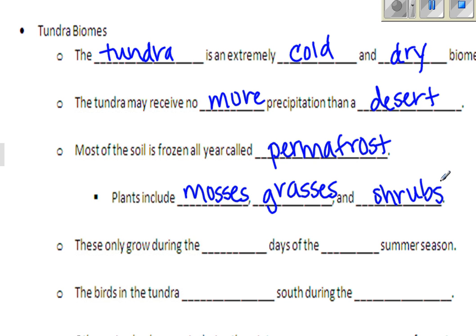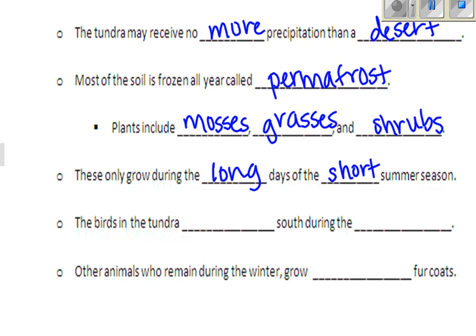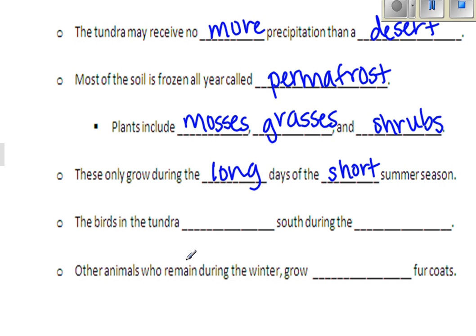Now, these plants only grow during the long days of the short summer season. And the birds in the tundra, they are able to migrate south during the winter.